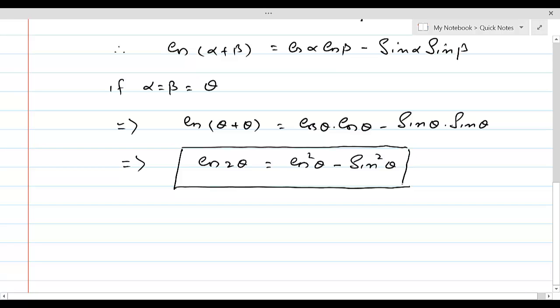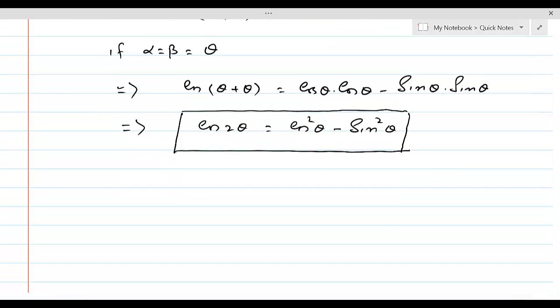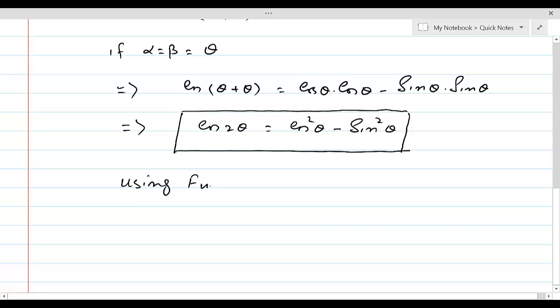But it doesn't stop here. Using the fundamental trigonometric identity, what was that?